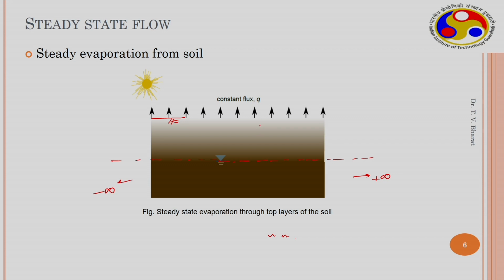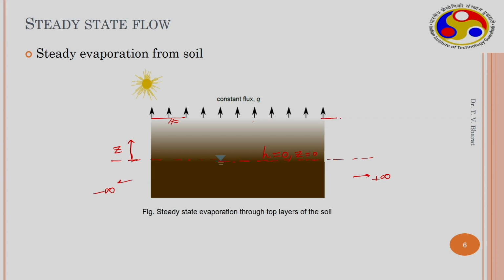So then water evaporates from the soil, and because you have a constant source here, the amount of water that is evaporated would not significantly change the water levels within the soil mass. So therefore here the head is always maintained constant, that is H equals 0 at Z equal to 0. So Z is upward positive. So at Z equal to 0, the total head is equal to 0.